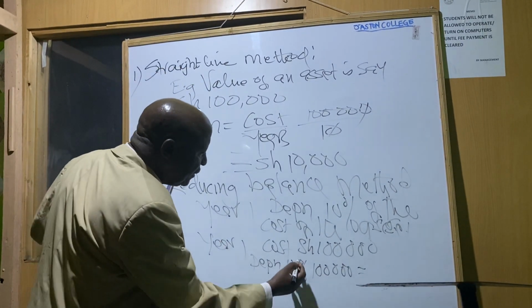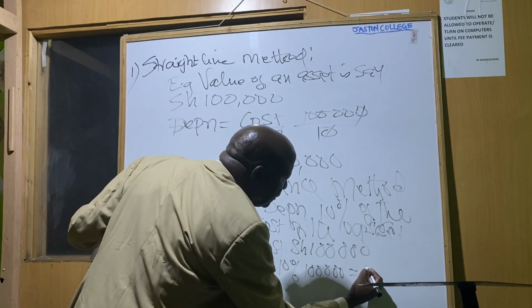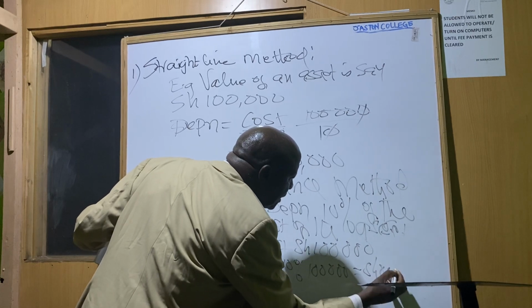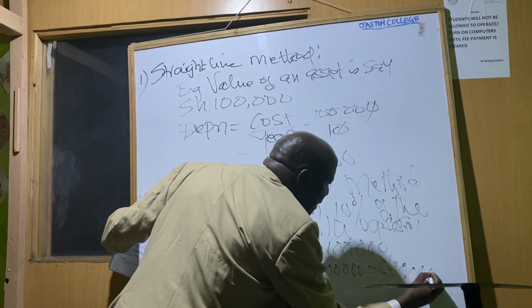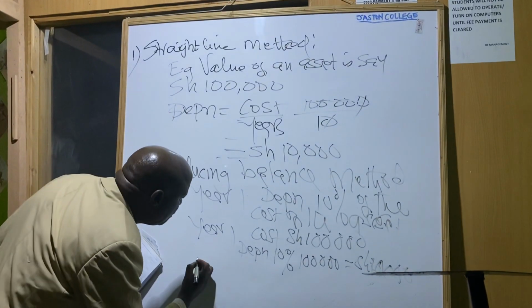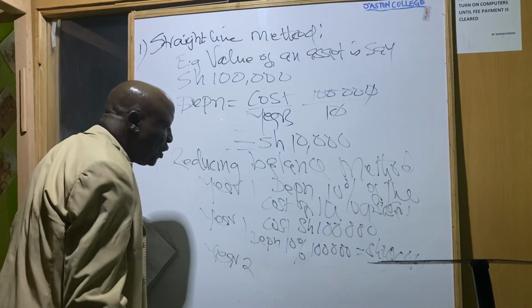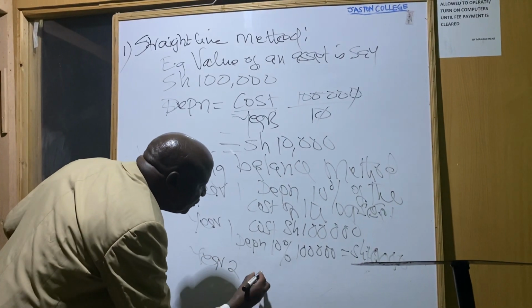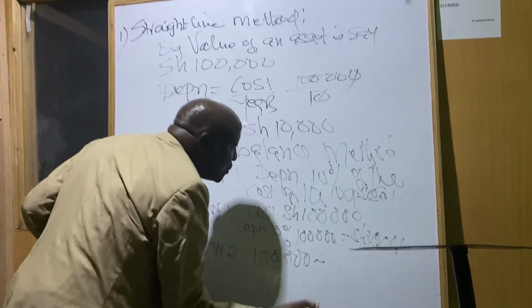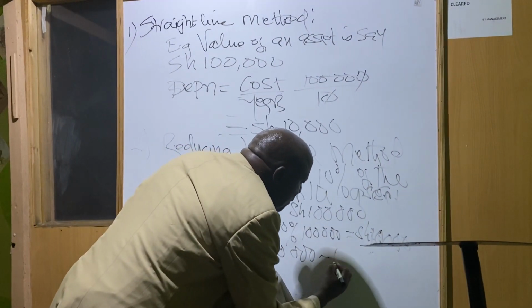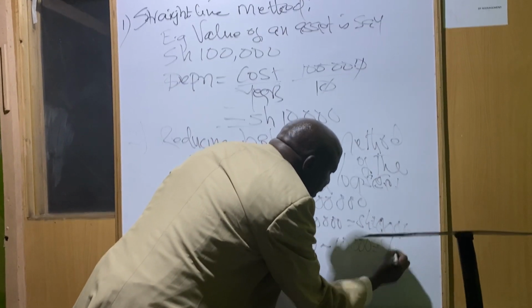It will be 10,000. That's year one. But year two, we start with 100,000 and reduce by 10,000, so it will be 90,000.